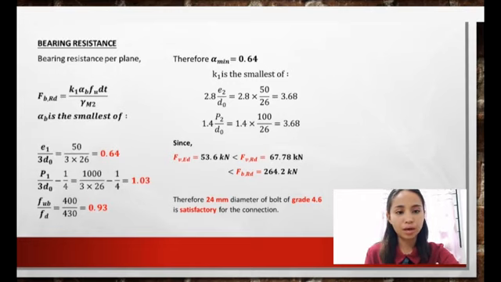Since FVED equal to 53.6 kilonewton is less than FVRD equal to 67.78 kilonewton, and the bearing resistance is 264.2 kilonewton, therefore the 24 mm diameter bolt of grade 4.6 is satisfactory for the connection.